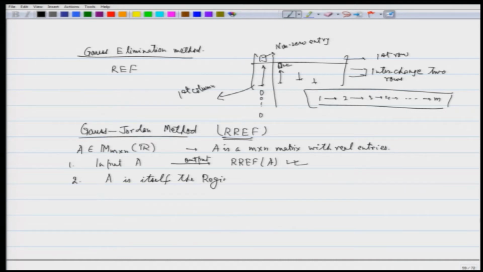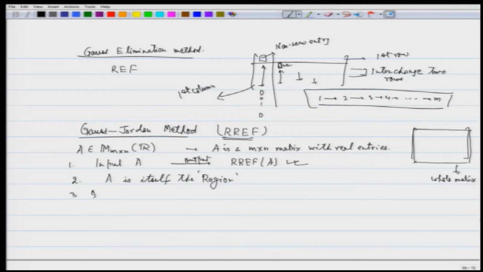Now what is this region? Region means the place where I am going to work. So initially the whole matrix is the region for me. Alright. Now what do I do?